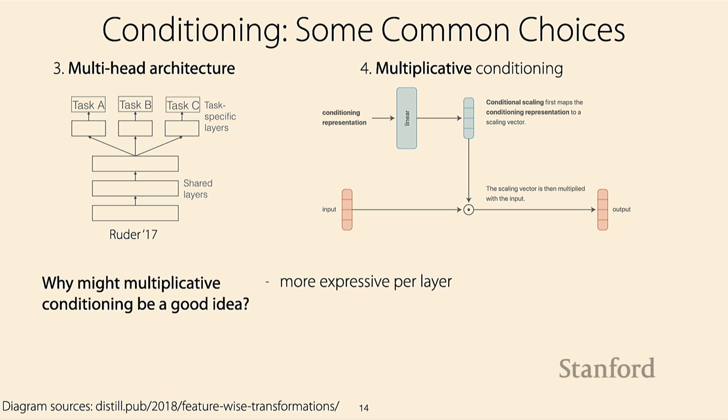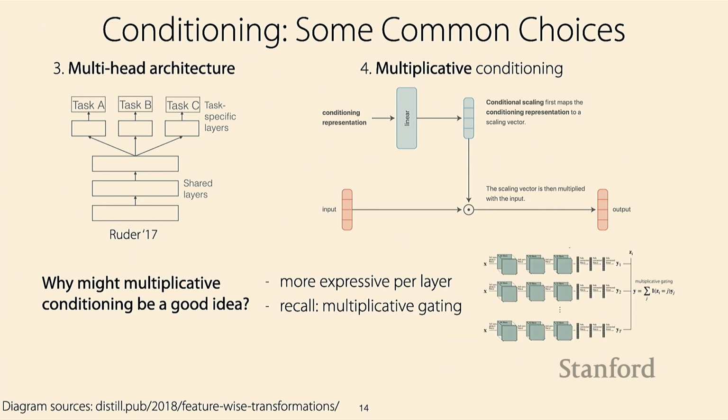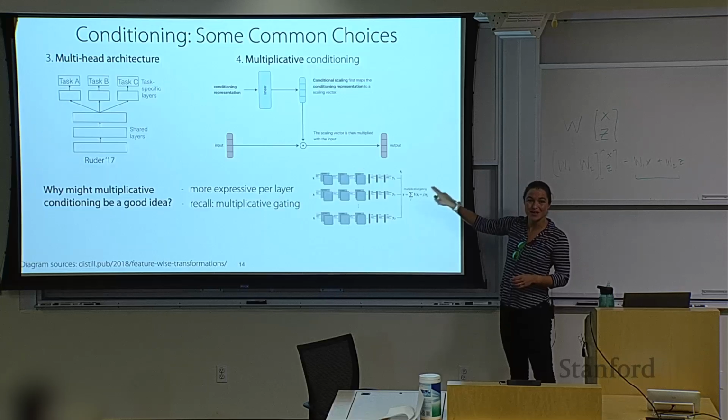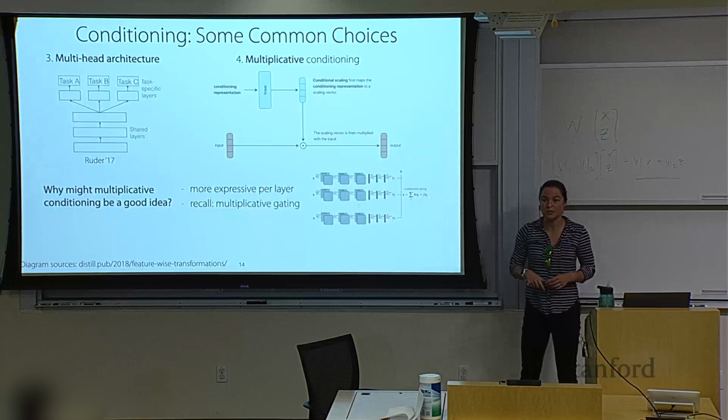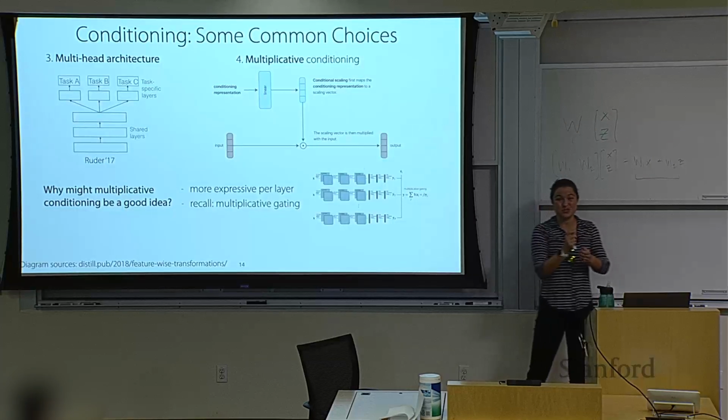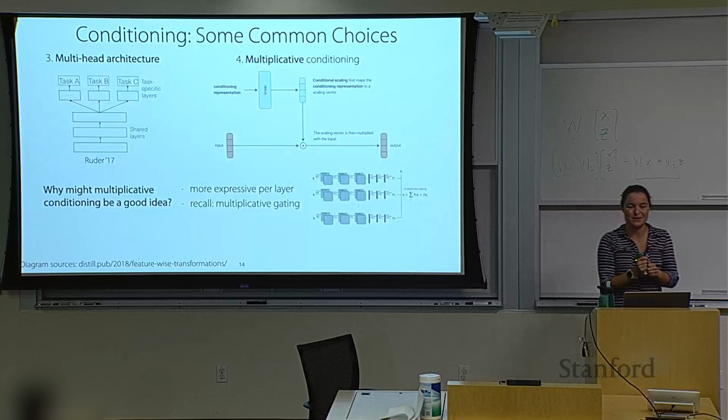And it can actually represent things like the multi-head architecture. The reason is, if you remember the very first example that we looked at, where we were essentially multiplying the zi with the outputs, this sort of multiplication can gate the network and modulate which layers are used for which tasks.